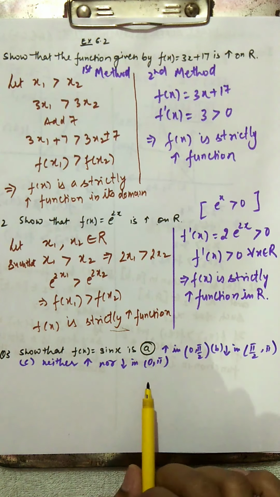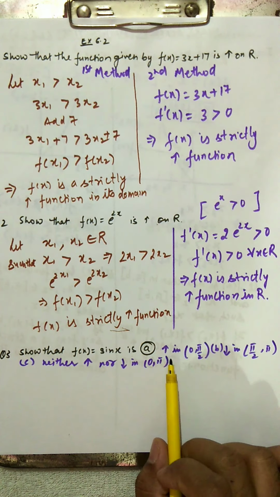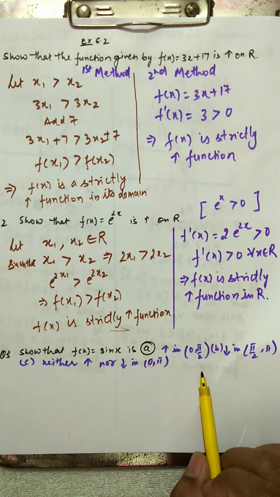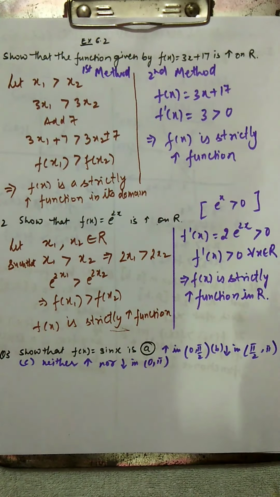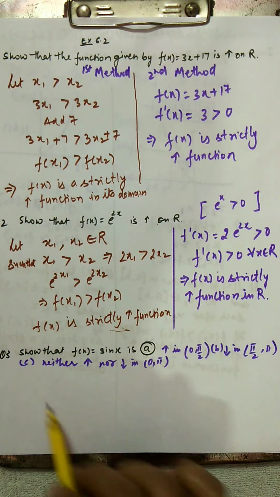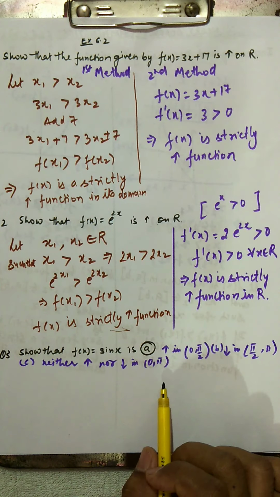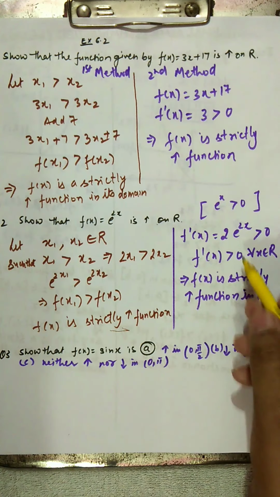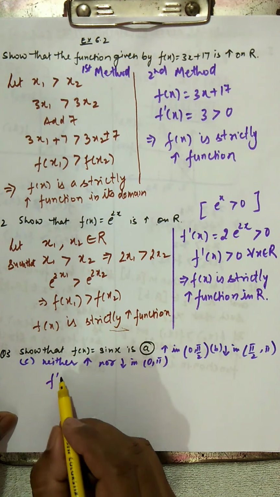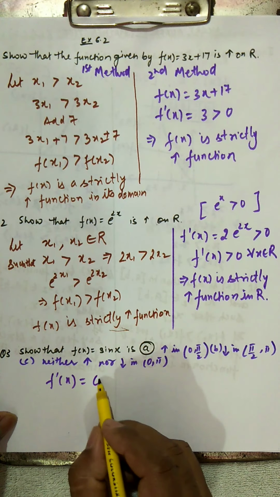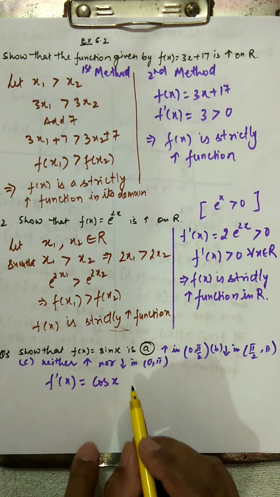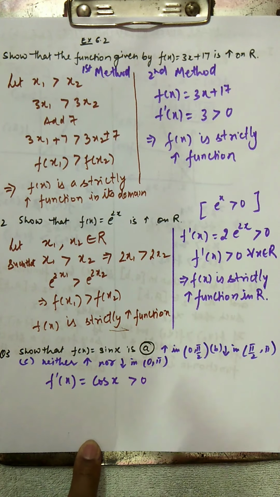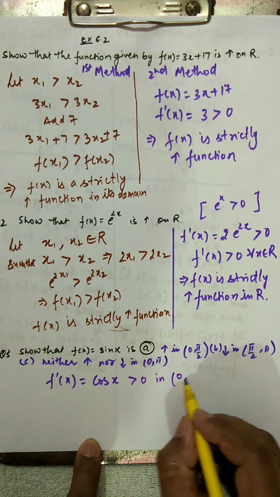Now come to question number 3. f(x) = sin x is an increasing function in (0, pi/2), strictly decreasing in (pi/2, pi), and neither increasing nor decreasing in (0, pi). So we use the derivative test. f'(x), if I find it, is cos x, and you know that cos x is greater than 0 in (0, pi/2).